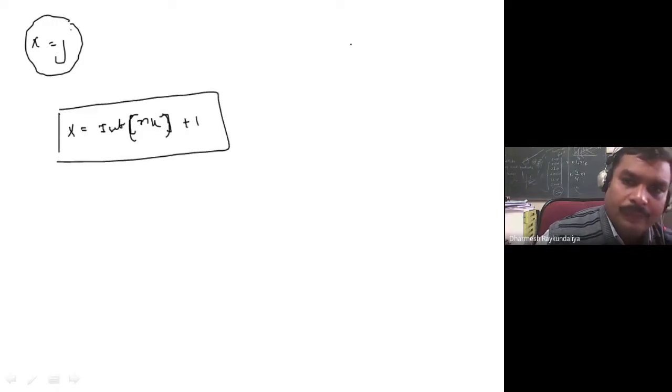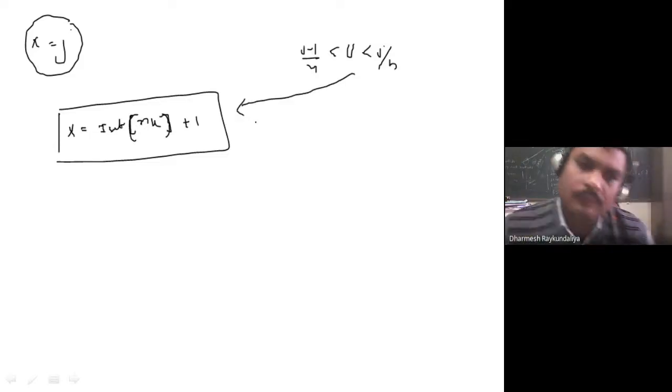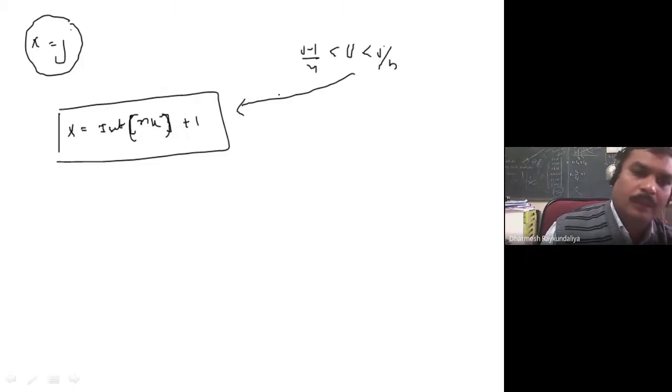When your uniform random number lies between (j minus 1) upon n and j upon n, you select a random number u, multiply it with n, find the integer part and add 1.